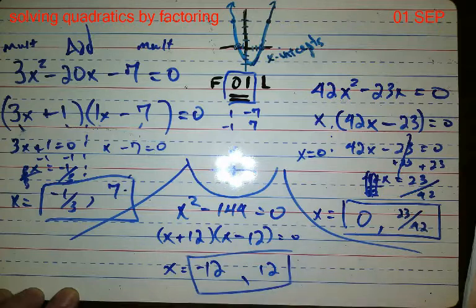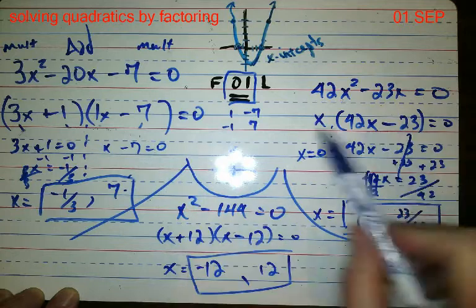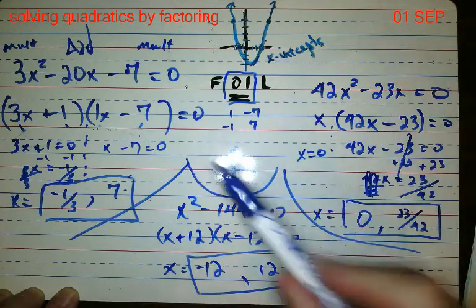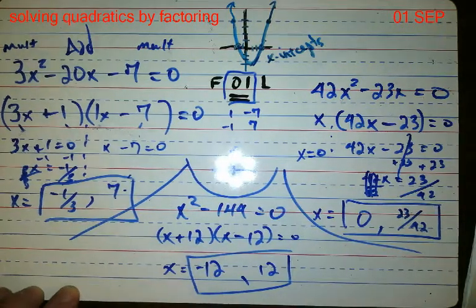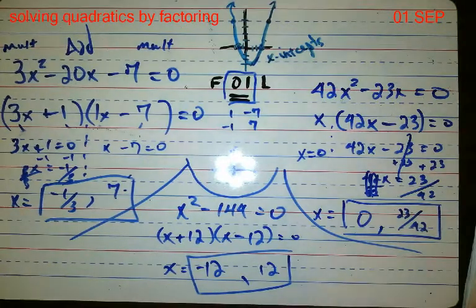This is the way it is like on IXL today. After you solve the problem, factor it on paper, because they don't give you space to factor it. Whenever they give you the place and they say factor it, or solve it by factoring, they don't let you write down your factors.